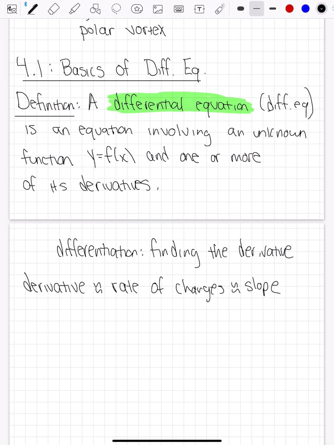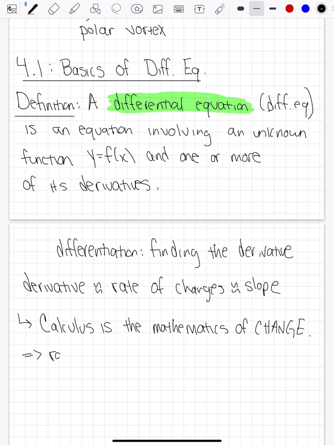And so this change, that is all that we've been studying in calculus. And why we even study calculus is because calculus is the mathematics of change. And how do we study how things change over time? That's where derivatives come into play.